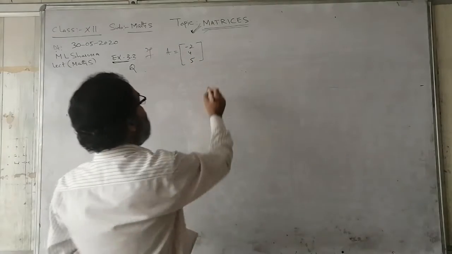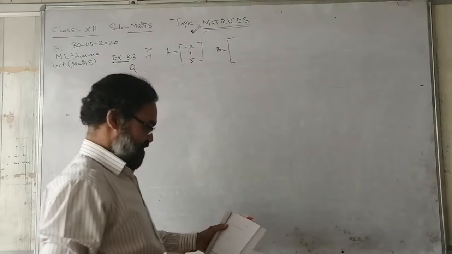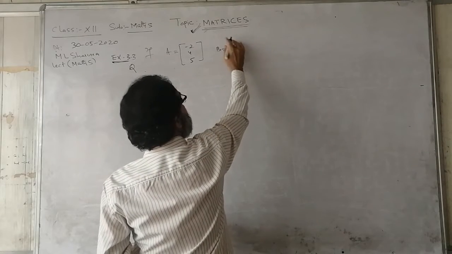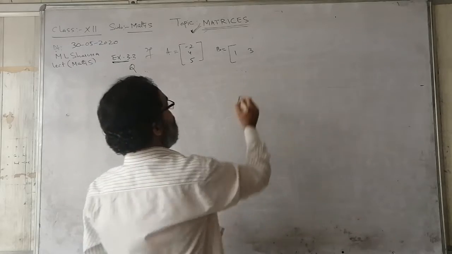Matrix B is also given, whose elements are 1, 3 and -6.